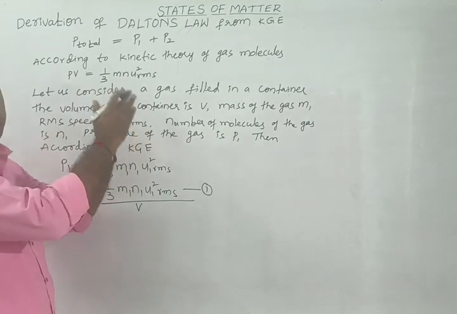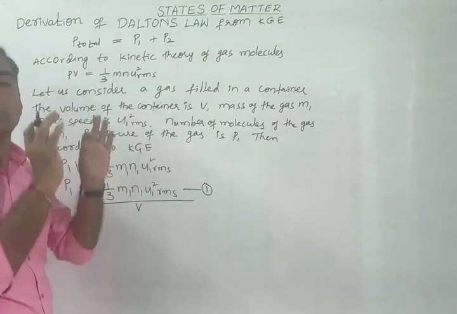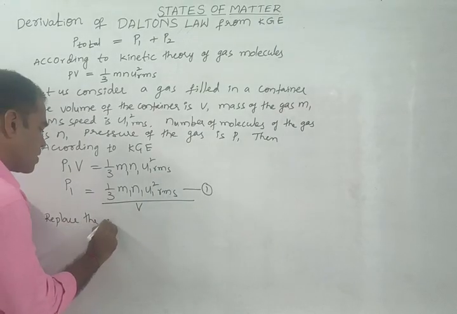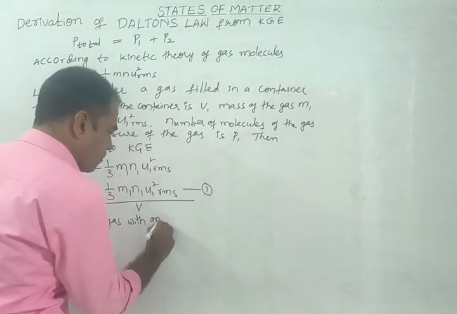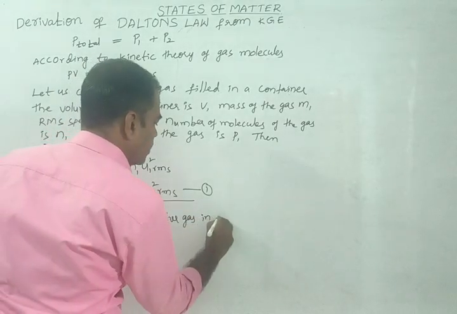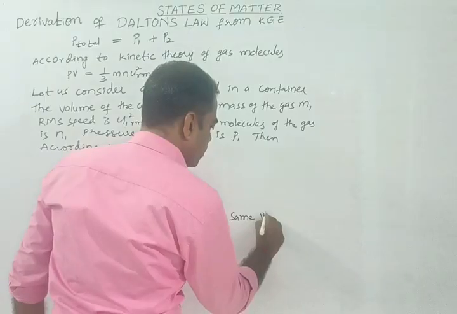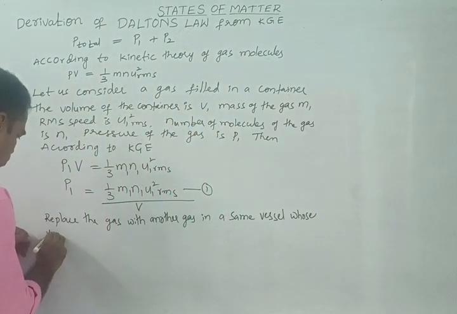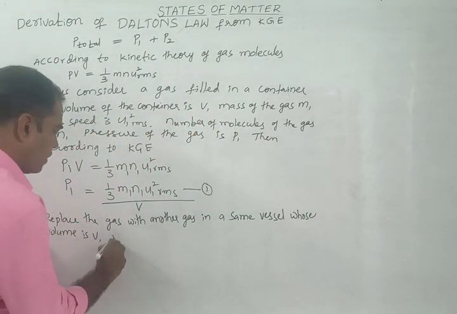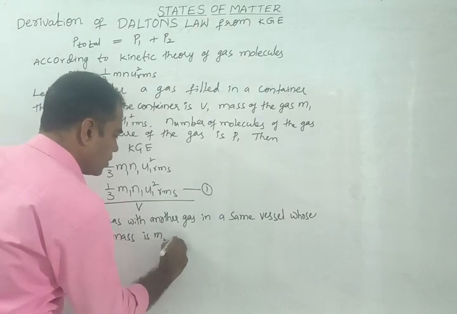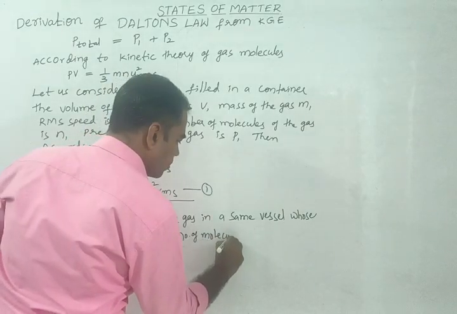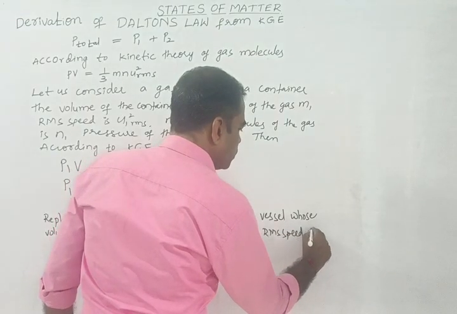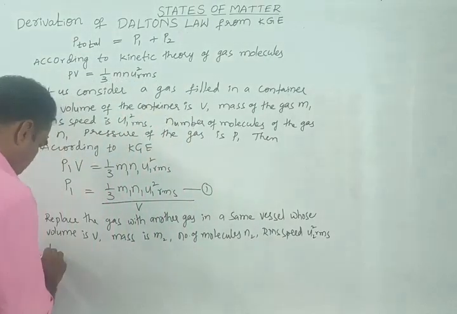Similarly, replace the gas with another gas in the same vessel whose volume is V, with mass M2, number of molecules N2, RMS speed U2 square RMS, and pressure P2.